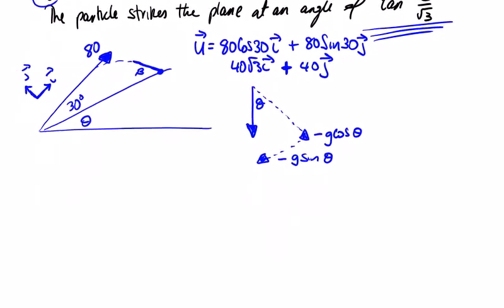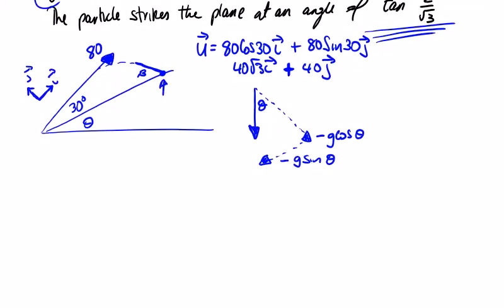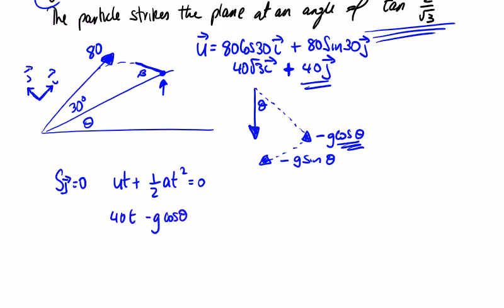Like all of these questions, if we work out the time it takes to get here, we can say the displacement in the j direction is equal to 0. So my ut plus a half at squared is equal to 0. My u, my a in the j direction, so 40t minus g cos theta over 2 by t squared is equal to 0.